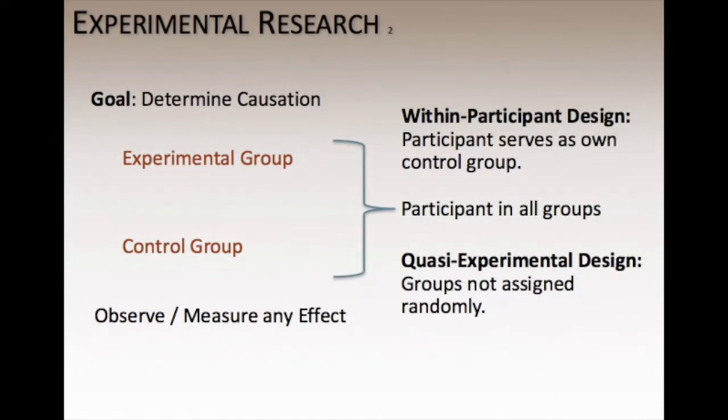Experiments consist of two or more groups. The experimental group is the group that receives the independent variable. The control group is exactly like the experimental group, except that there is no manipulation of the variable. The control group is used as a comparison group.